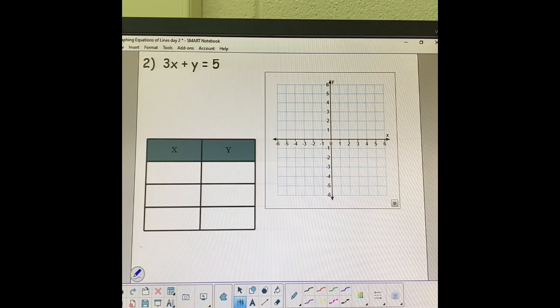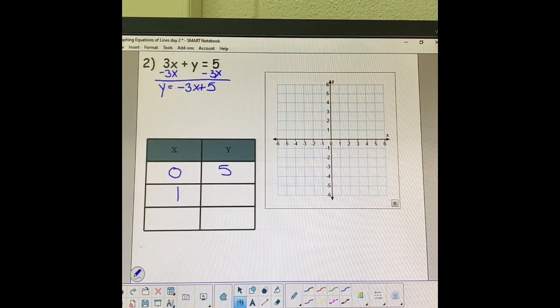For this example, 3x plus y equals 5. We need to put it in standard form by isolating the variable of y, subtract 3x from both sides. Plug in x is 0, x is 1, and x is 2. When you plug those in, you'll get 3 coordinates, 0, 5, 1, 2, and 2, -1.